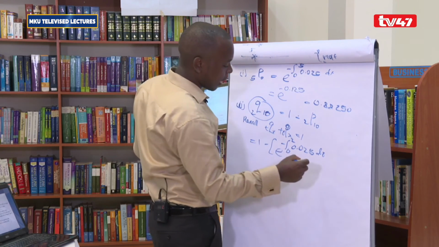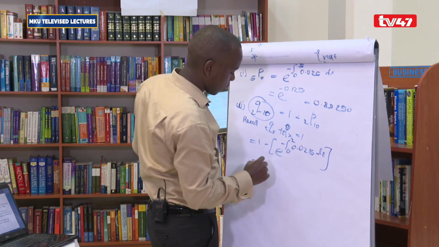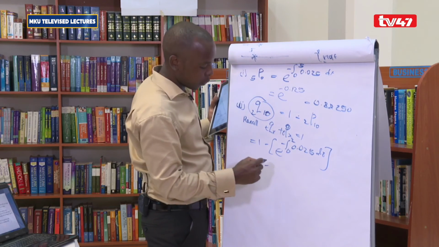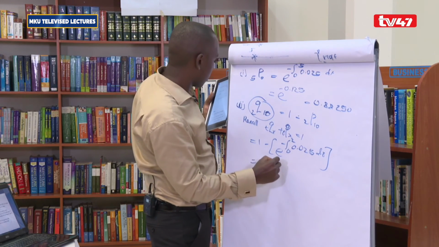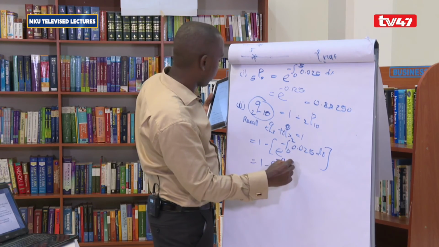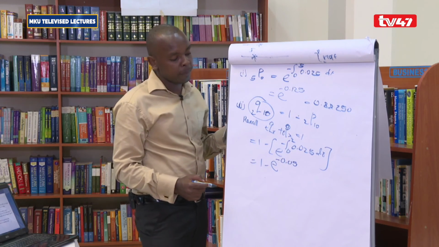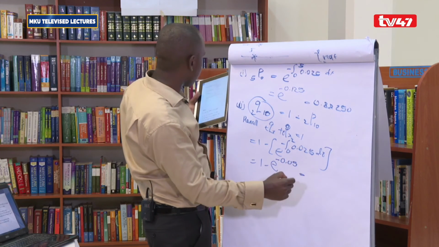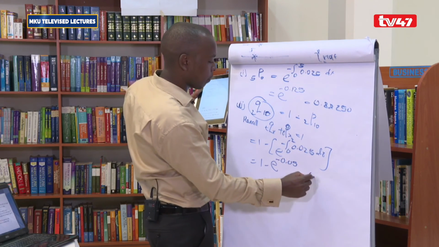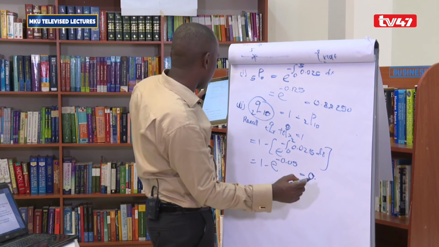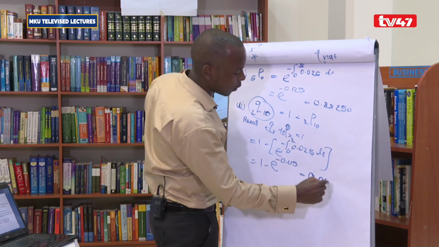And this is giving us 1 minus exponential to the power negative 0.025, not 25, but exponential to the power negative 0.05, and this is giving us 0.04877.